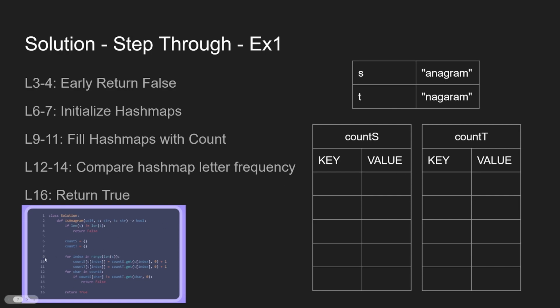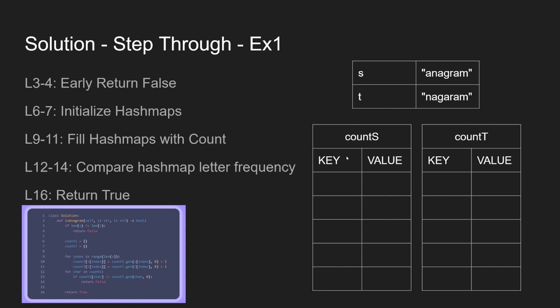So line 9: for index in range(len(s)), count s[s[index]] equals count s dot get. So dot get here, if you try to call, say, in count s right now, we want to see if we have the letter A already in there.